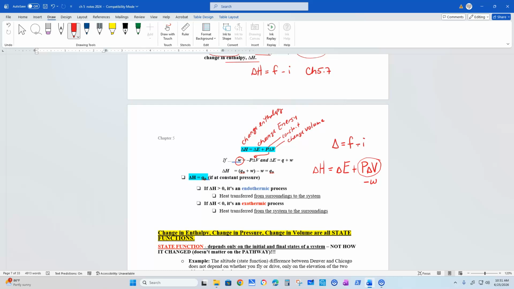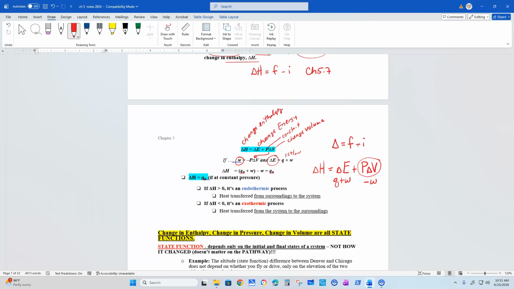Well, what if I have positive P delta V? That means it's negative W. It just means that the negative went to the other side. Delta E, according to the first law of thermodynamics, is Q plus W. If I substitute that in here, this is what we call deriving an equation, how this equation turns into something else, which we also call substitution.